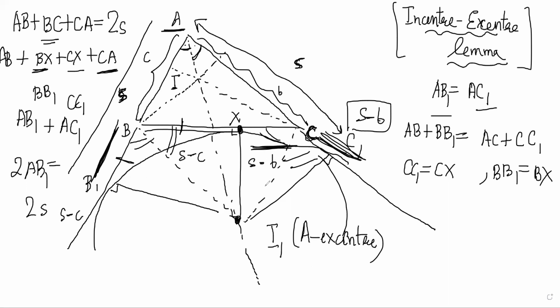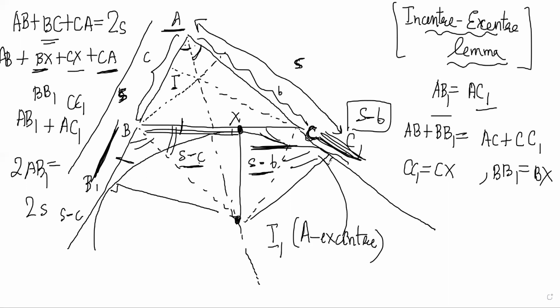So notice that the excircle is tangent to the side in such a way that this portion is S minus c, small c, and this portion is S minus b. And b was this side and c was this side. It is interchanged, right?